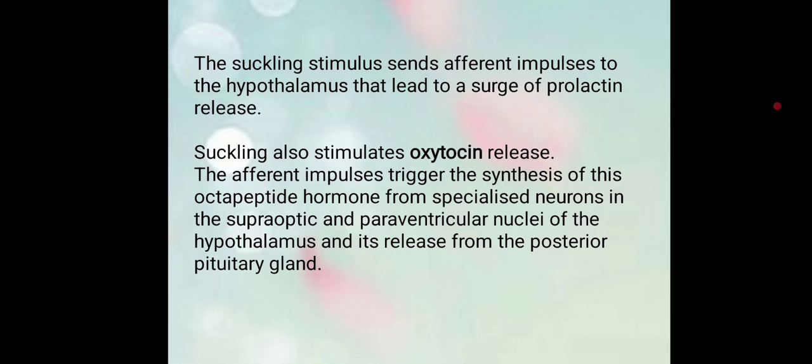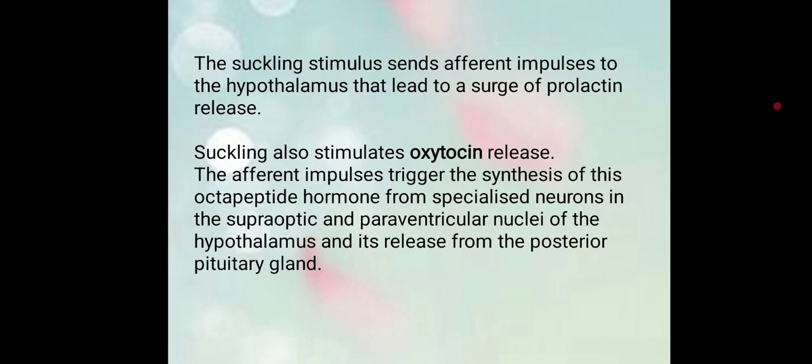Prolactin secretion is stimulated by suckling stimulus, which sends afferent impulses to the hypothalamus and leads to a surge of prolactin release. So, prolactin is a polypeptide hormone released from anterior pituitary gland under control of hypothalamus, inhibited by dopamine and stimulated by suckling reflex.